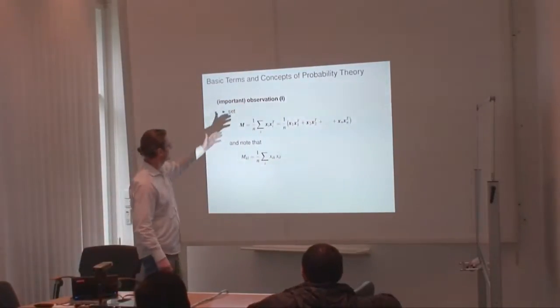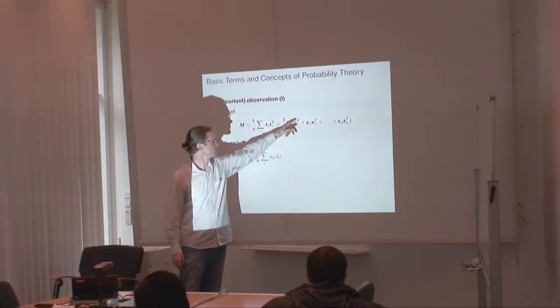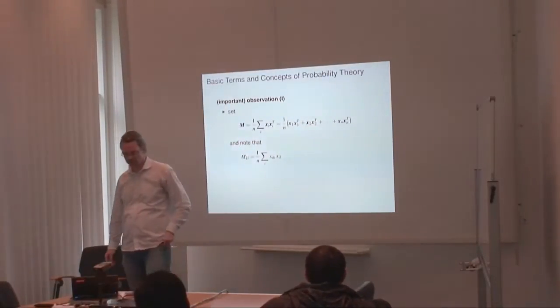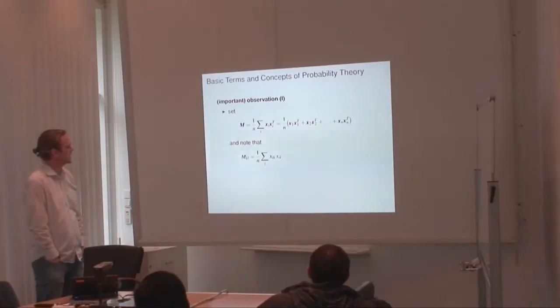And if we expand this sum, we have 1 over n, x1 x1 transpose, plus x2 x2 transpose, and so on, up until xn xn transpose.